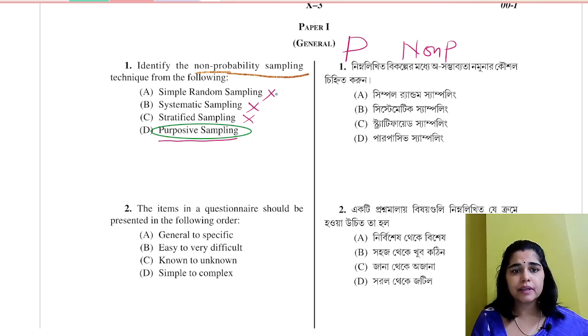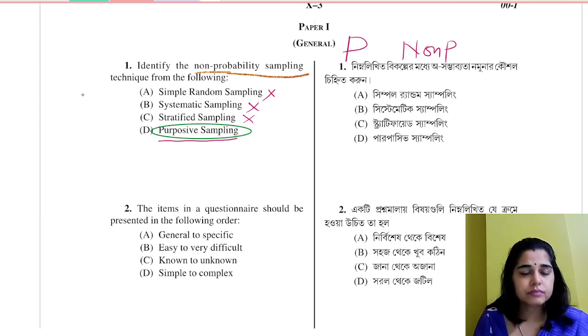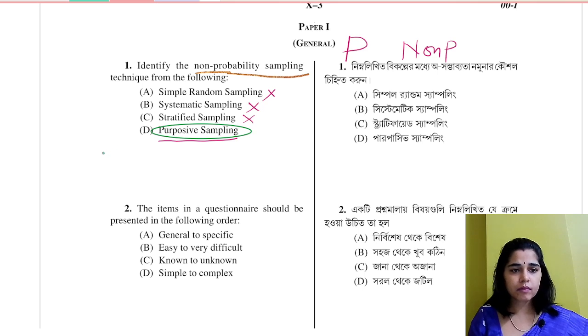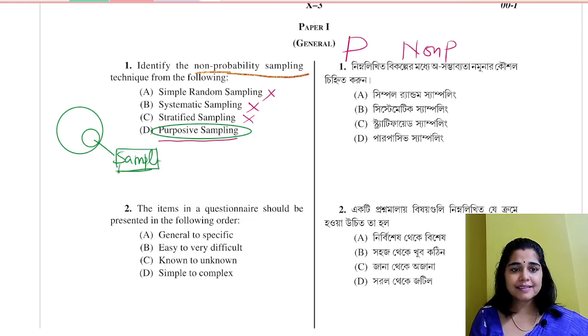Simple random sampling. What is simple random sampling? Suppose there is a population and you are going to take one sample from here. How have you chosen this sample?